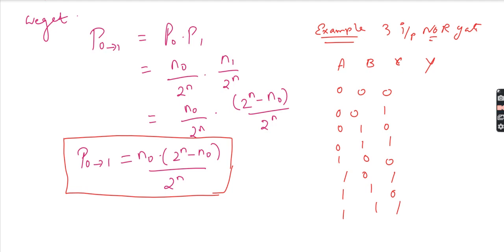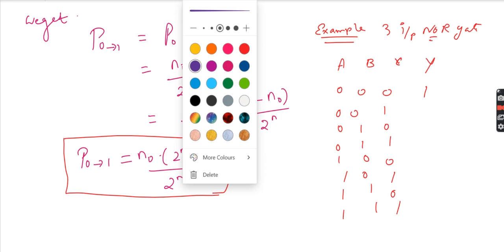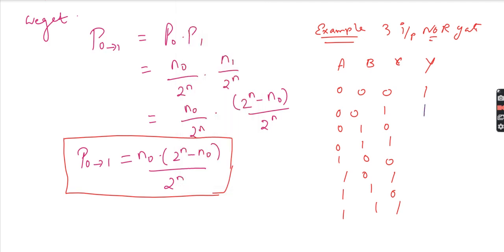For a NOR gate, with 0 0 0 the output is 1, and all the rest are 0. Only when all the inputs are 0 is the output high. If any one of the inputs is high, the output will be 0.